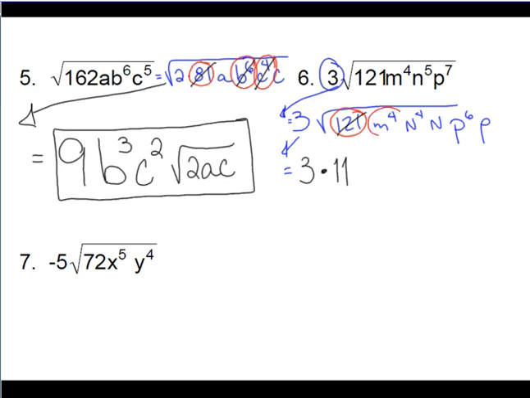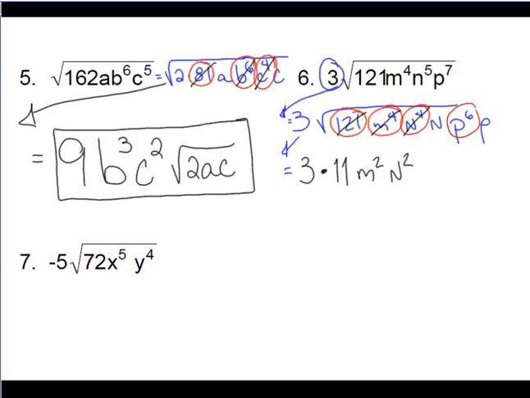I have here m to the 4th power, so that becomes m to the 2nd power. We divide the 4 by 2. Next I have n to the 4th power, so that becomes n to the 2nd power. Again, divide our exponent by 2. Can't do anything with my n to the 1st power.